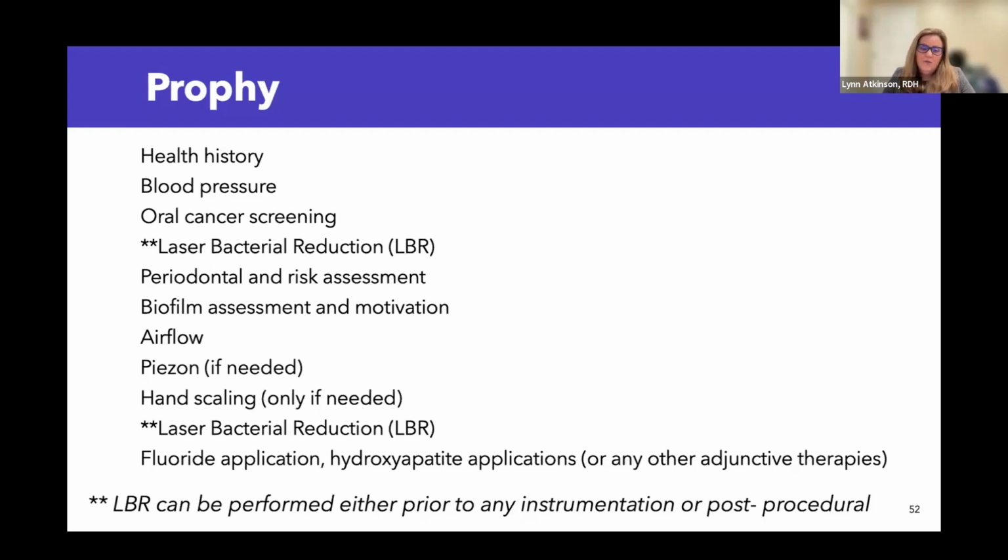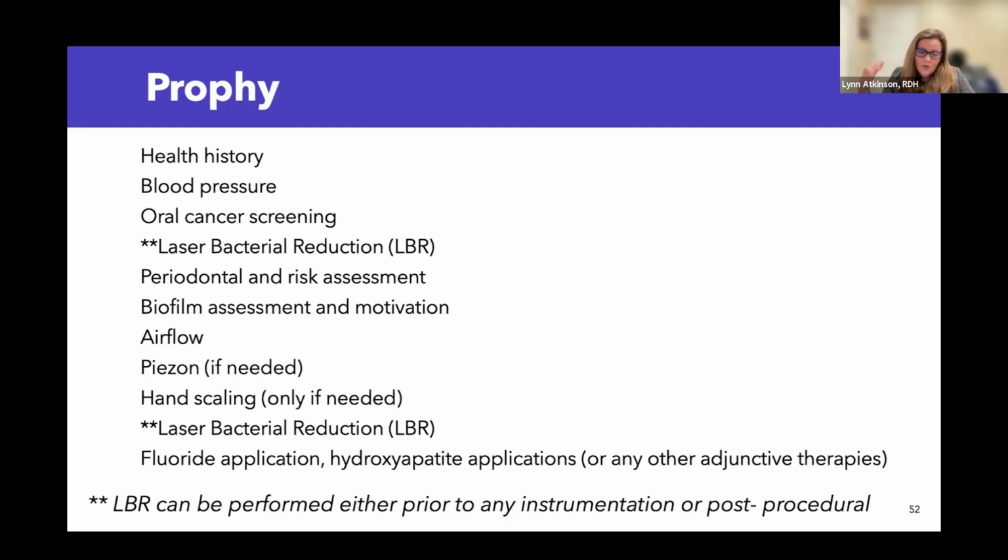And then also you can motivate your patient by showing them the type of bacteria that's in there, the type of biofilm, where it's hanging out. I don't like to tell the patient that this is where they're missing. That's not what disclosing is all about. It's showing them how they can be more effective and where the biofilm is lying in those areas that make it more difficult to remove.